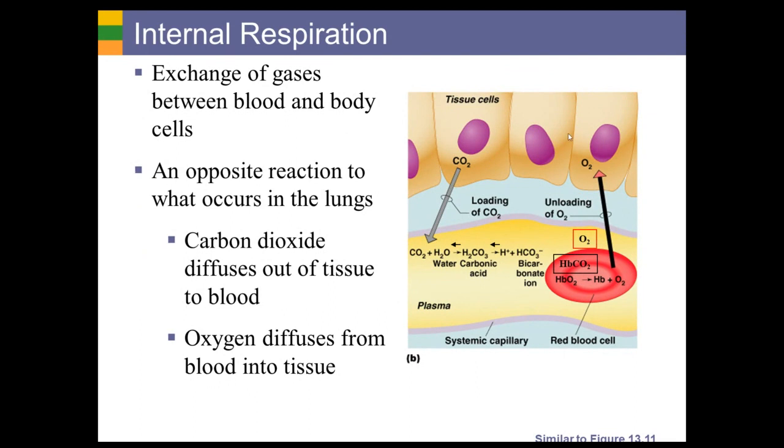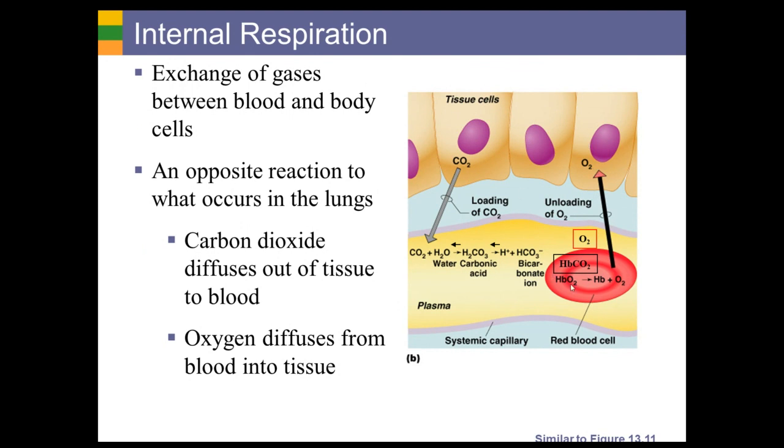So we've got the body tissues, and we've got the blood of these systemic capillaries here. The tissues are constantly using oxygen to make ATP, and they're constantly producing carbon dioxide. So oxygen levels are greater in the plasma than they are in the tissues. So that hemoglobin is going to unload oxygen to the tissues.